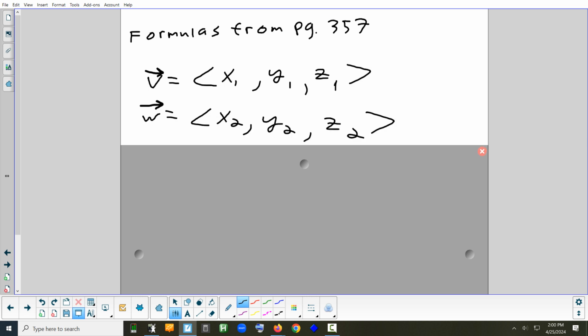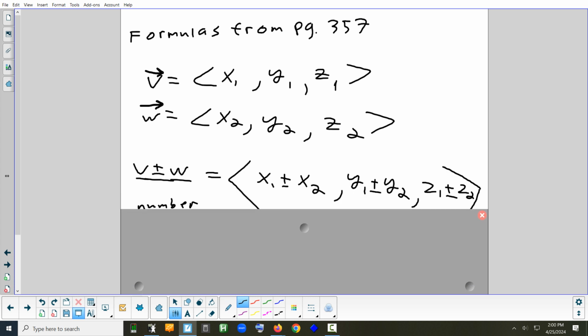The next thing we did is we took vectors and we, not visually, but numerically, added, subtracted, scaled, and found the magnitude. So now we're going to do that here. Adding and subtracting vectors, again, visually, you connect the end of one to the beginning of the other, and draw the diagonal. Numerically, it's like combining like terms.